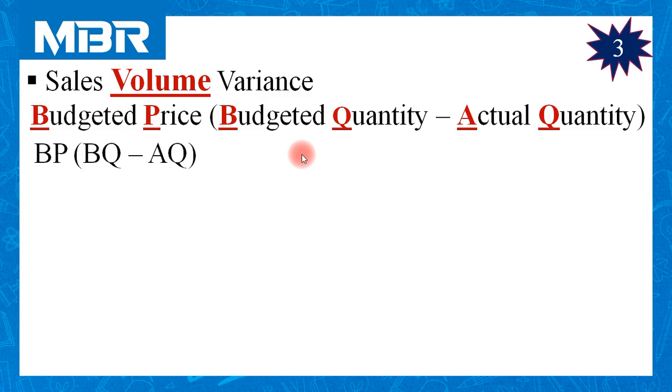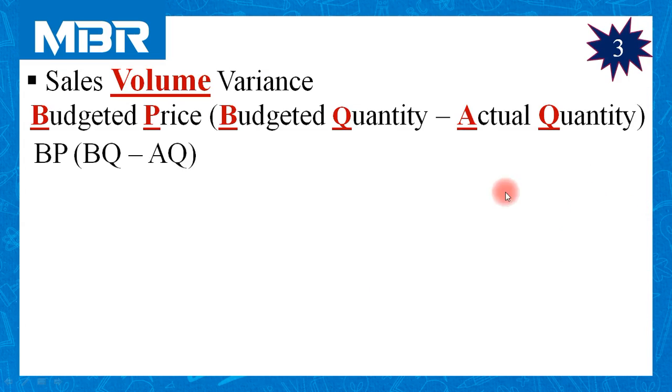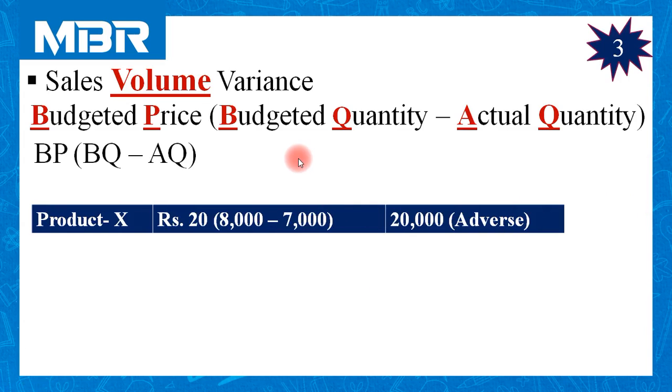In abbreviation form, budgeted price, or you can say standard price, into bracket budgeted quantity minus actual quantity. Check the question. Budgeted price is given over here. Budgeted quantity is also given by the examiner in the question, and actual quantity is also available to us. Using these data, let us start calculation of volume variance.